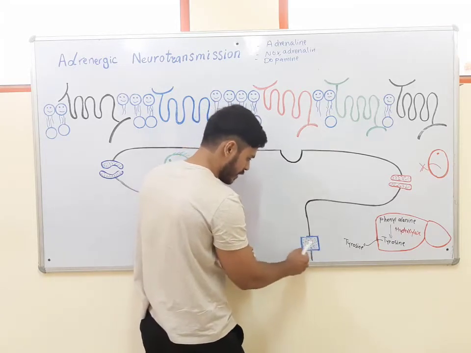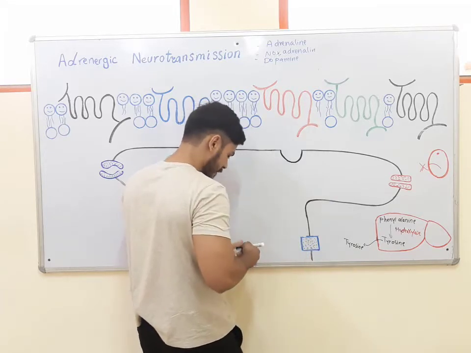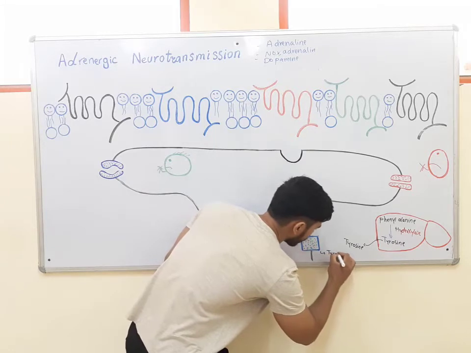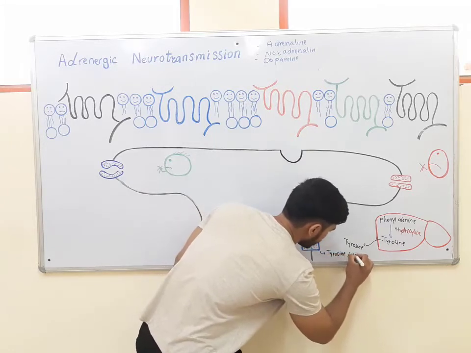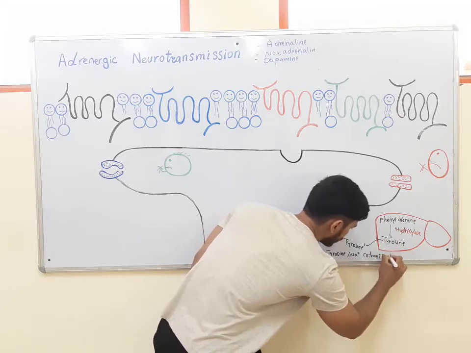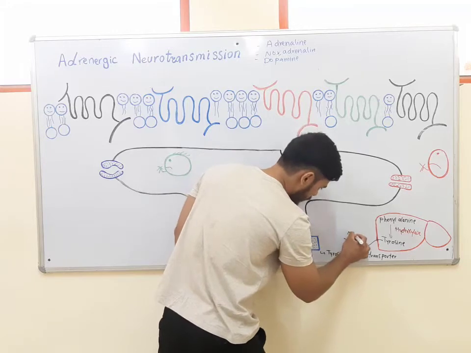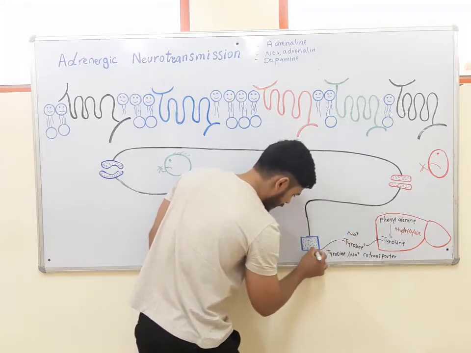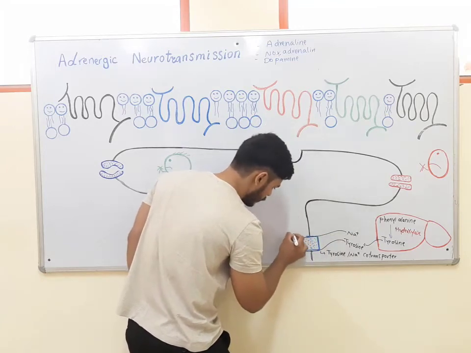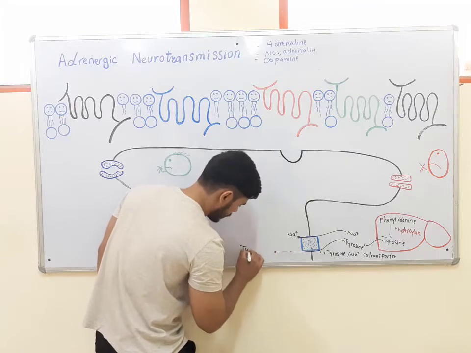This is the transporter which takes up tyrosine from the external environment, and it transports one tyrosine and one sodium simultaneously into nerve terminals.